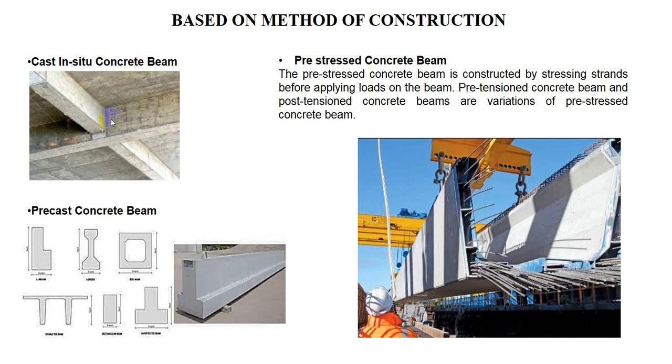In a building, many beams are made this way: the concrete is mixed outside and then placed on the framework. After that, the precast concrete beam. The beam is constructed beforehand, and after that the beam is placed in the desired position.